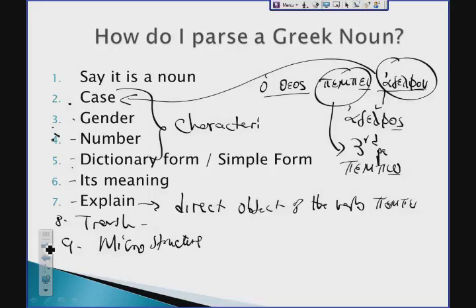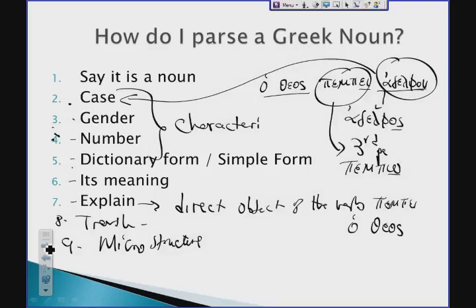By microstructure, it's actually a representation of how words are related to one another in the sentence. That's what we call microstructure. We will do this. I just want to show you how it is done.